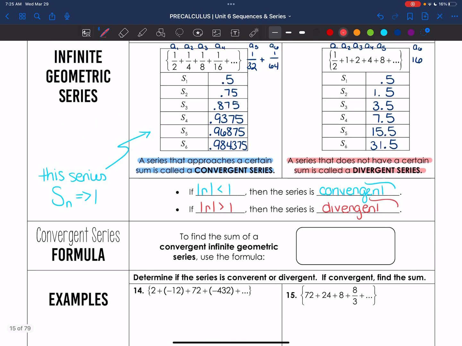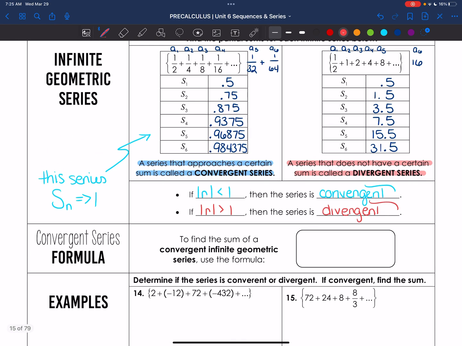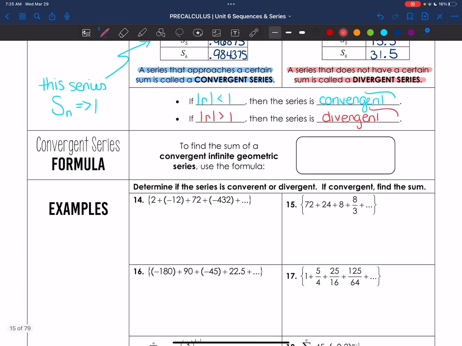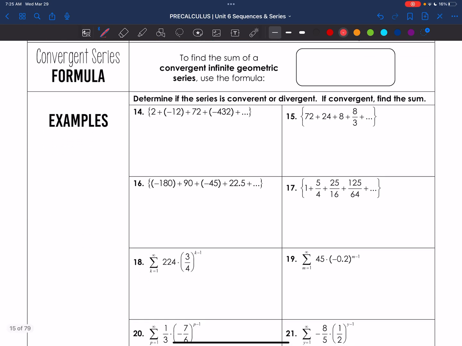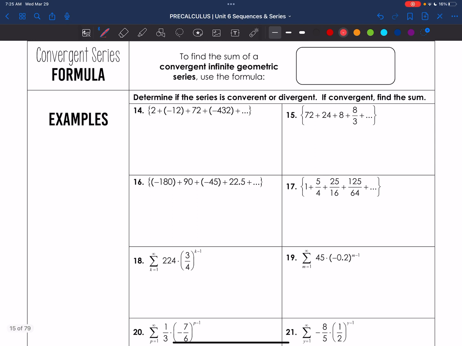So if it's divergent, we will have to find a finite number of terms to add together in our series. But if it is convergent, you can actually look at finding an infinite geometric series sum. And so here is our beautiful formula for doing that.